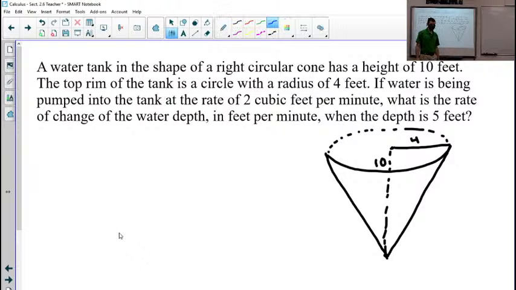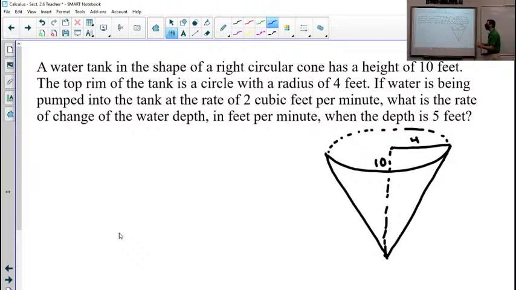Now, we can use those ideas, but we'll use the 4 and the 10 in some way.